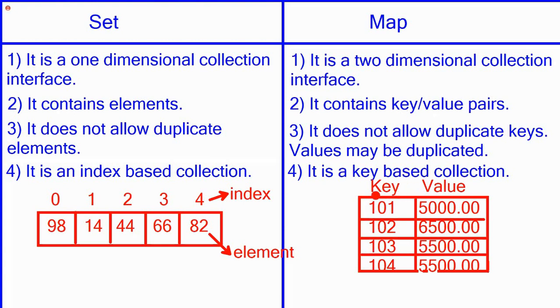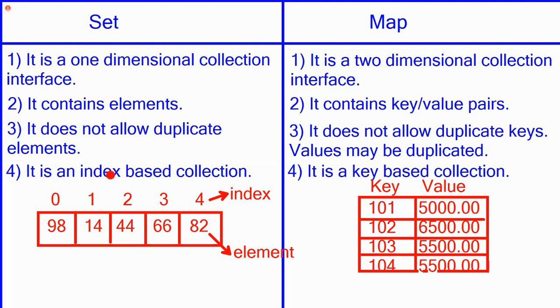It will always maintain the pair association of the value with that key only. Set does not allow duplicate elements, so here duplicates are not allowed. Map does not allow duplicate keys, but duplicate values are allowed. That's what I wrote here.